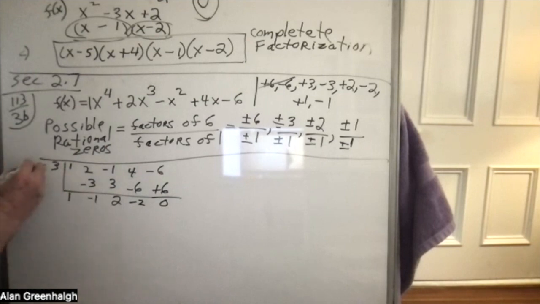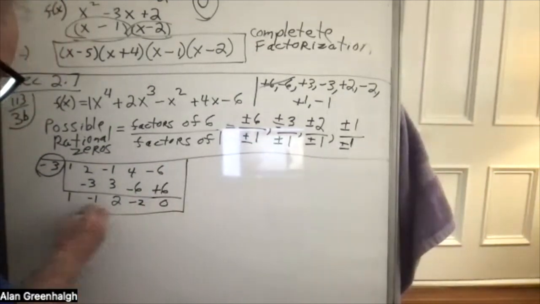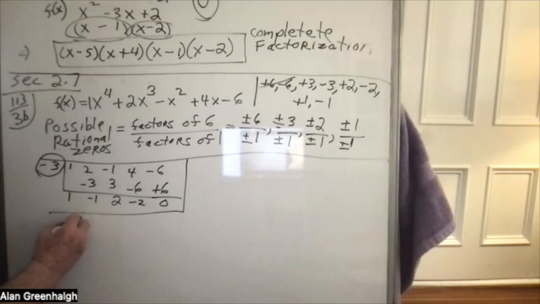Okay, there it is. It's not just a possible rational zero; it is a rational zero. So we've gotten that out of the way. Now we move on. This is now x to the third minus x to the second plus 2x minus 2.